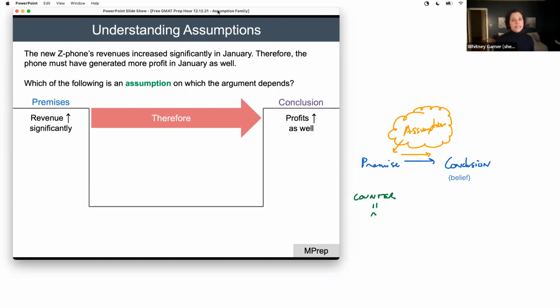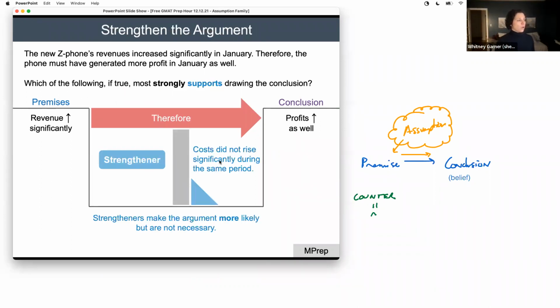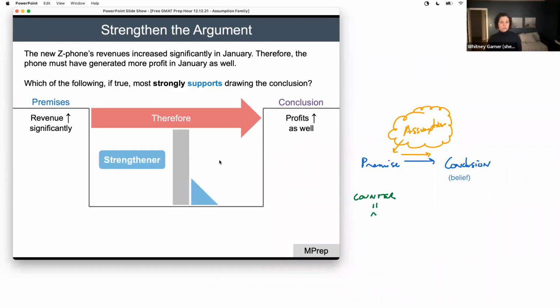So instead, what I'd like to do is start with what would strengthen or support this conclusion. Right, so what are some things that would make me feel better about this conclusion? So this would be anything that just makes me, right, doesn't have to promise that the conclusion is true. It just makes the conclusion seem more likely.